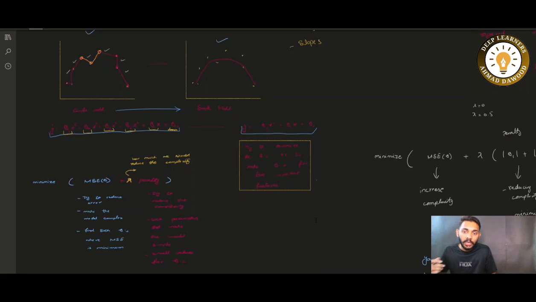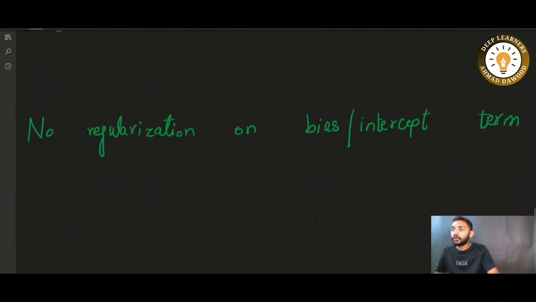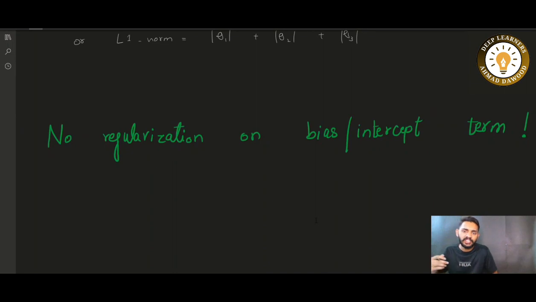Now, till now, I was telling you that we are just interested in the regularization of our coefficients, not the intercept. What's the reason? We don't do regularization on the bias or intercept term.